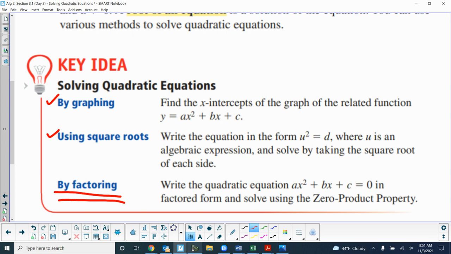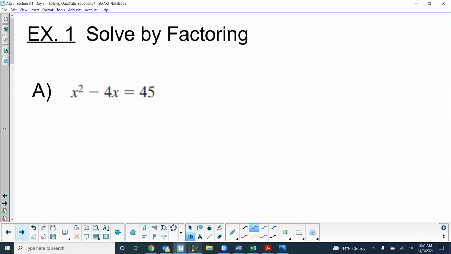So hopefully you didn't forget your factoring. Just like yesterday with the graphing way and the square root way, well, with the square root way we didn't have to really worry about setting it equal to 0. But for factoring and for graphing, we want to set it equal to 0 when we start. So my first step in this example would be to subtract the 45 from the right side and get it to the left side. Okay?